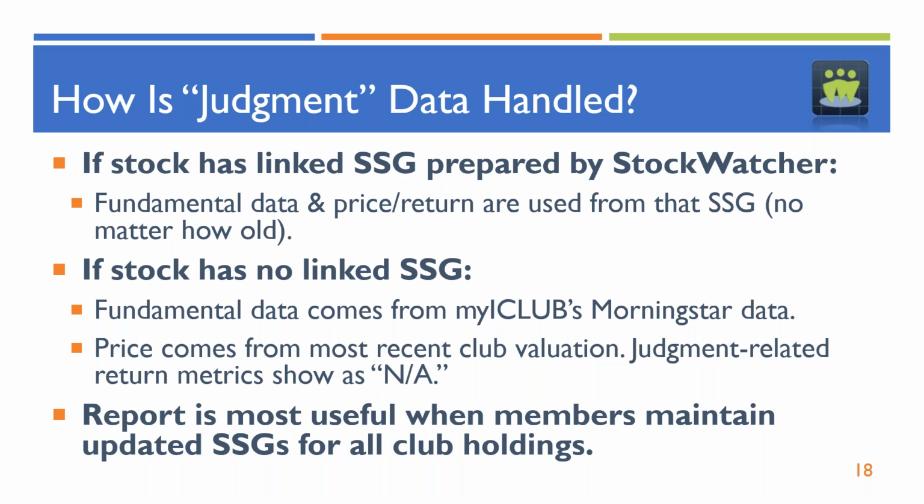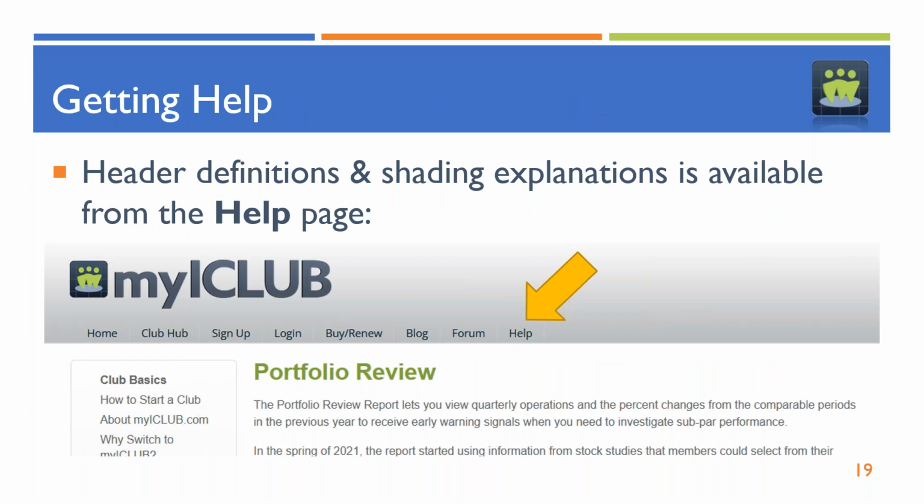If you're the president or the secretary and you're communicating with members when you send out the agenda, a gentle reminder to update your stock selection guide prior to the meeting is really useful to the club's portfolio management tasks. And to that end, on the report, we will show when it was last updated and who each stock has been assigned to. So the idea is to keep everyone responsible for their contributions to the club.